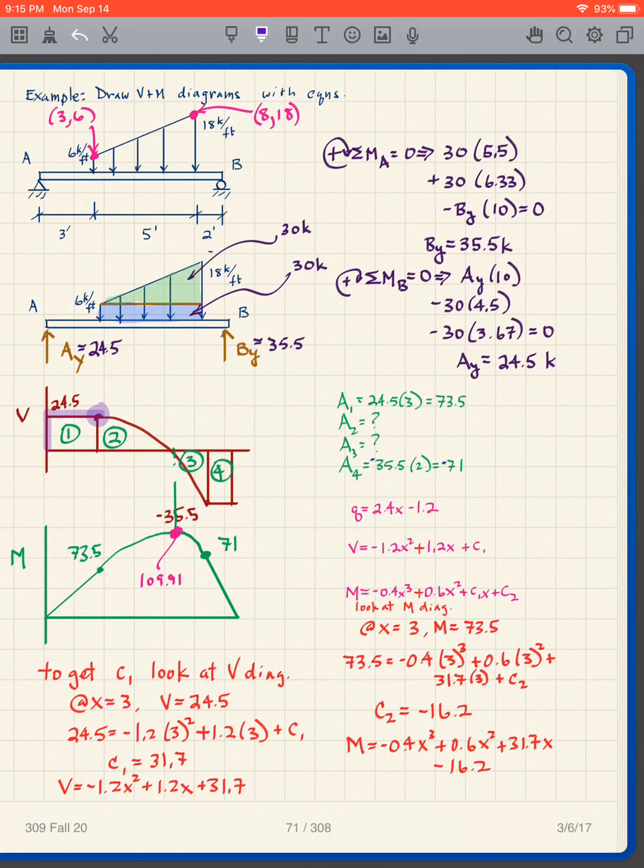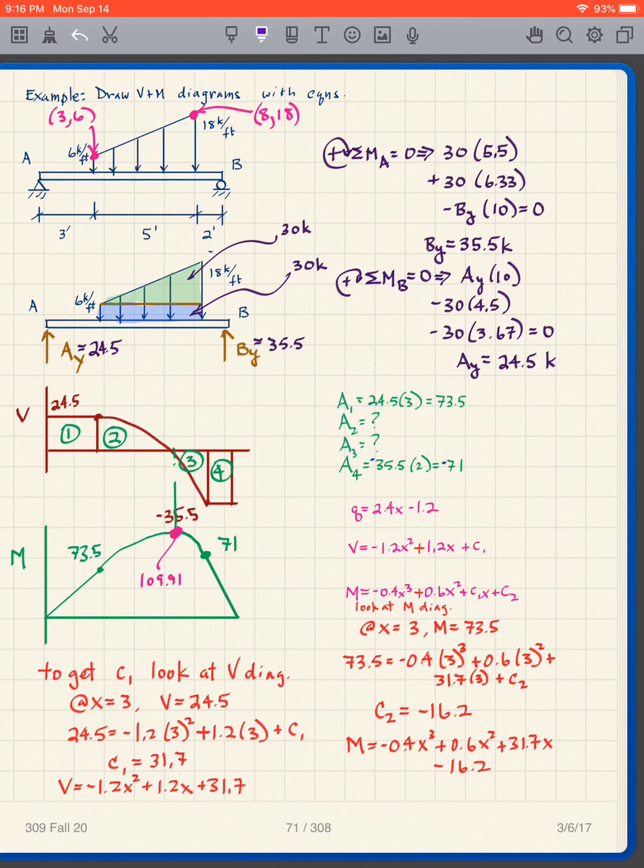I want to get my areas, as we notice that there are no concentrated moments here, so the areas are going to give me my moments. So I have area 1, area 2, area 3, area 4, and of course area 1 is easy to get, area 4 is easy to get, but area 2 and 3 not so easy.